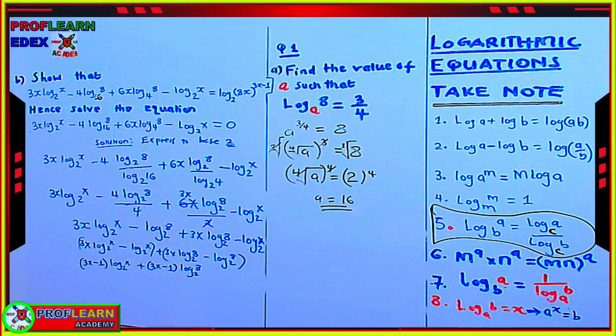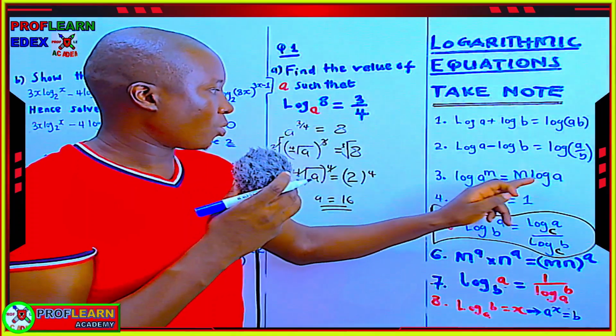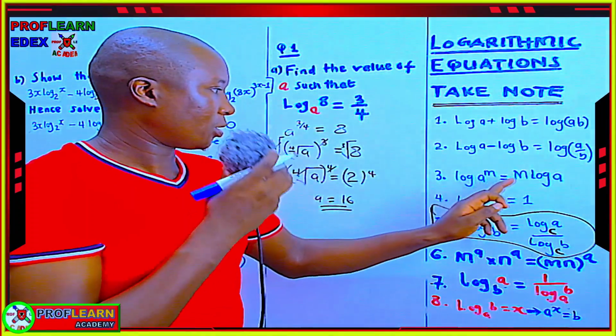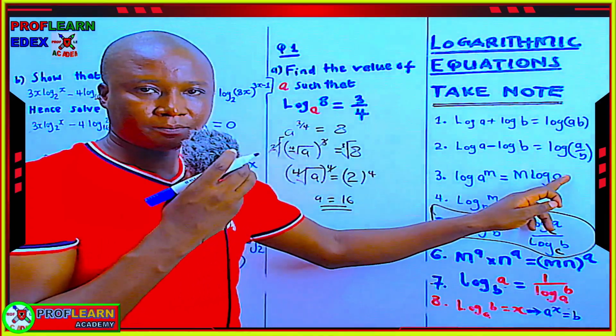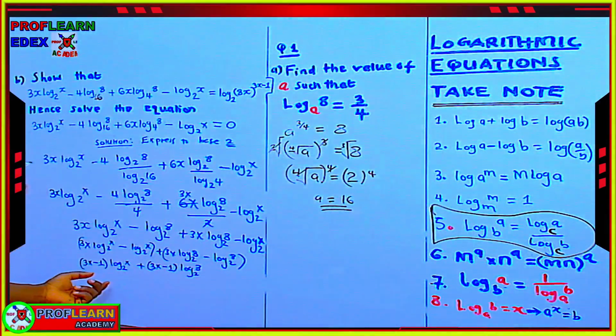So if we have this, we can see that using rule number 3 in reverse, if you are having m log a, you can take m up to be the power of a. All right, and then that is exactly what we are going to do here.